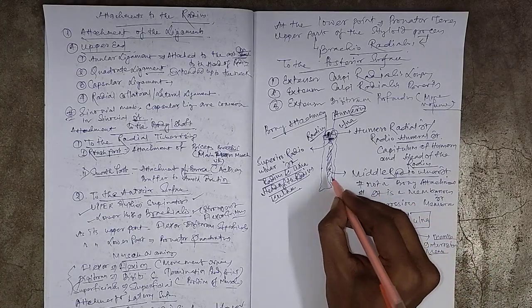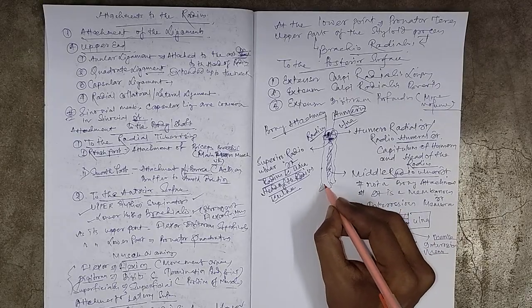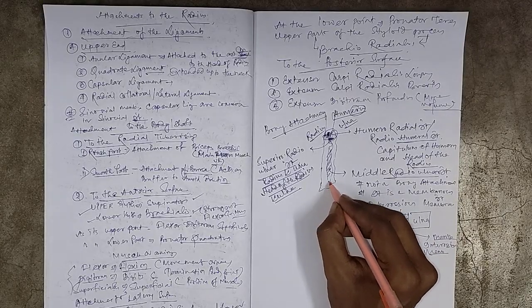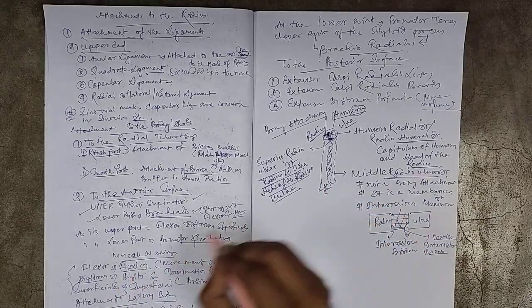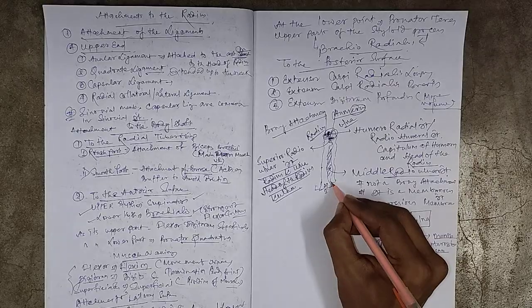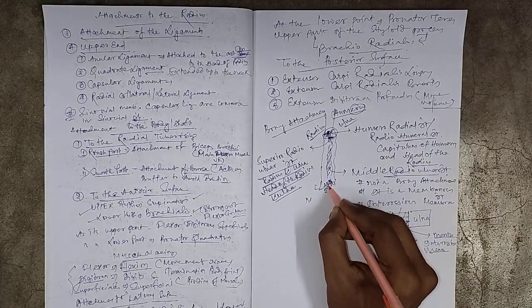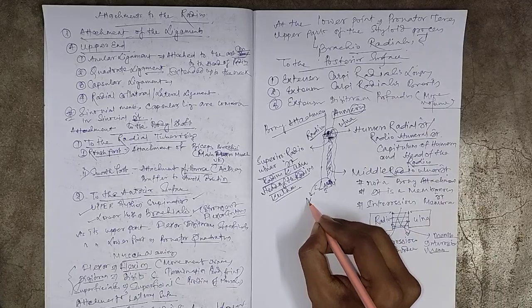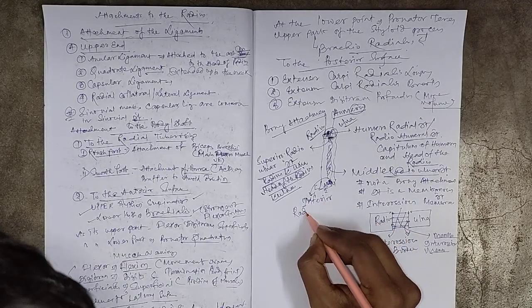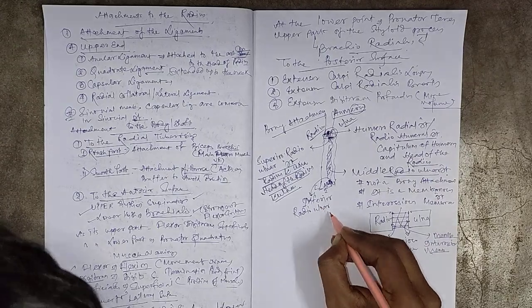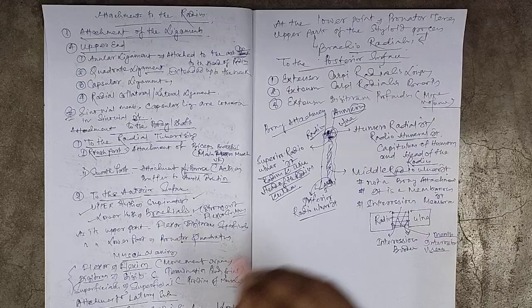And in the lower part there are five surfaces. This is the inferior surface, this is the anterior surface, behind is the posterior surface, this is the lateral surface, and this is the medial surface. So here the joint formed is the inferior radioulnar joint.